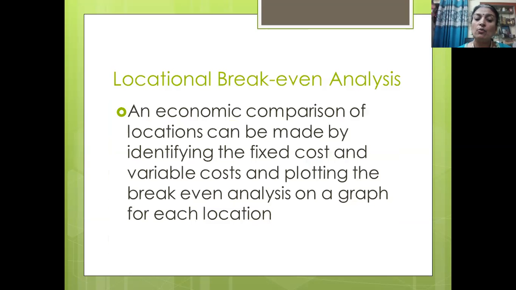And the third one is locational break-even analysis. That means we have to go with the cost. It is called an economic comparison of locations, which can be made by identifying the fixed cost and variable cost and plotting the break-even analysis on a graph for each location.